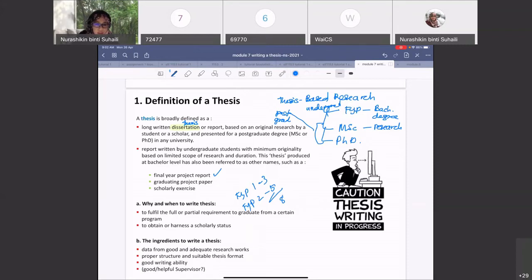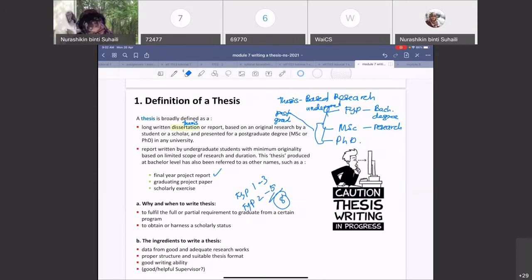So rugi lah kalau you tak take the opportunity to score, because these 8 credit hours will change your CGPA a lot. Yeah? So if you got A for both FYP 1 and FYP 2, you can dramatically improve your CGPA. Yeah? It will affect the CGPA.